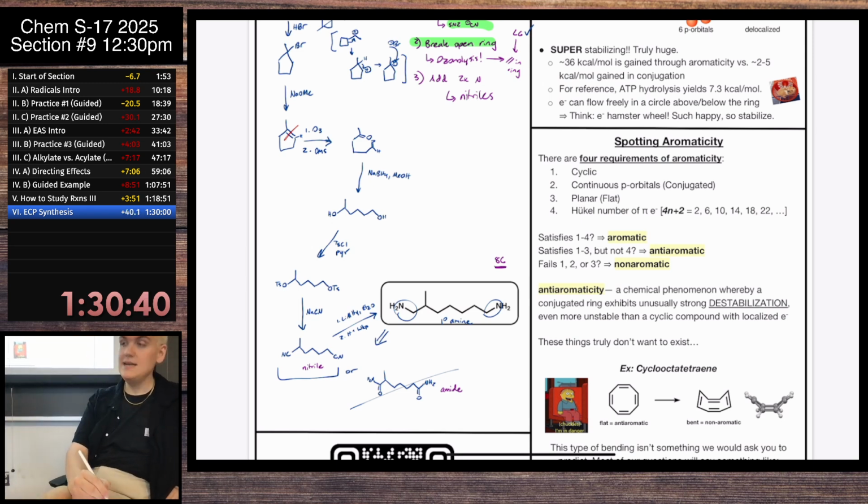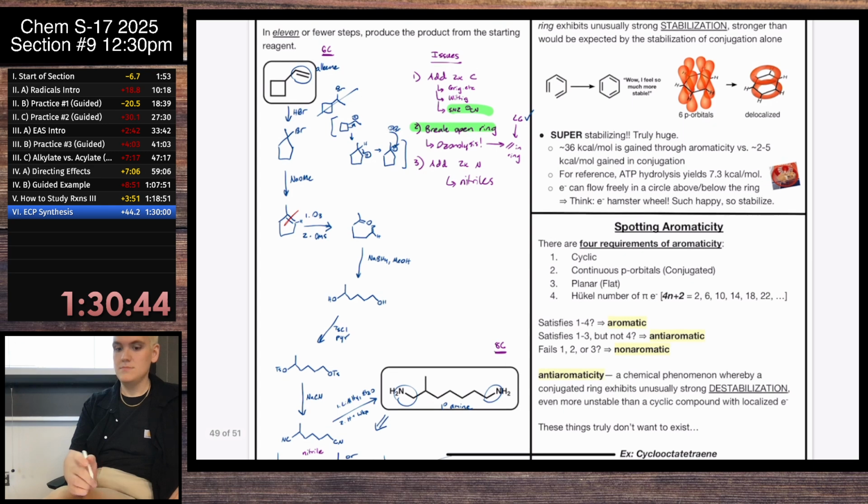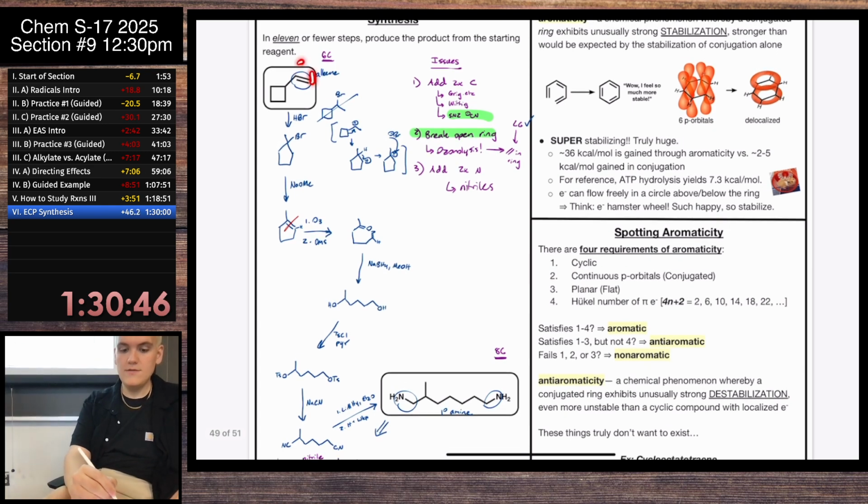From 2 CNs. Like 1, 2, 3, 4, 5, 6. And then the numbers are not going to add up exactly, but this is 1, 2, 3, 4, 5, 6, 7, 8 carbons. Okay, so you go up. Yeah, we increase it by 2 carbons.